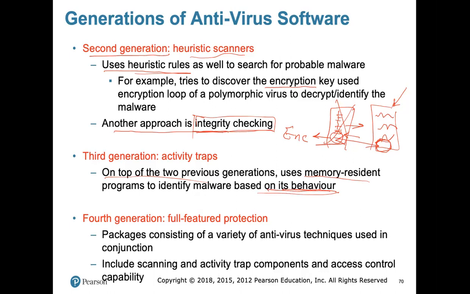Yeah, and in the fourth generation, we see a combination of what we have mentioned in the previous generations. They also have trap components and access control capabilities. Access control capabilities means that some of the files or documents in the computer are protected. Not every application is allowed to open some files, like what you see in operating systems.